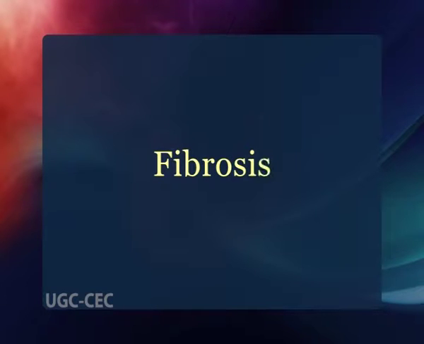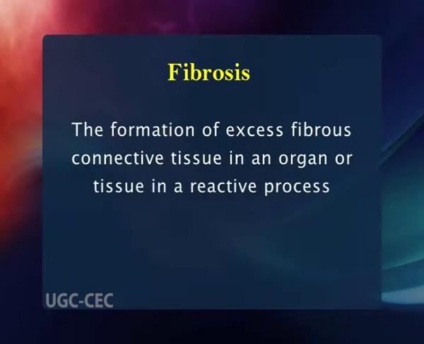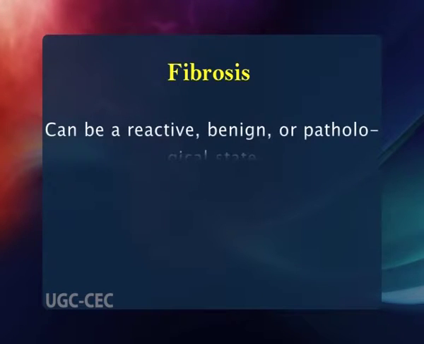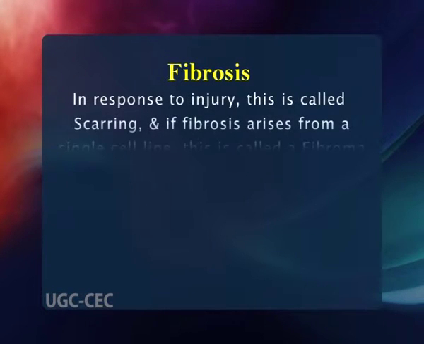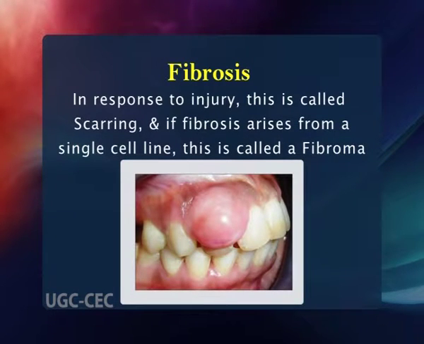Now, fibrosis. It's the formation of excess fibrous connective tissue in an organ or tissue in a reactive process. This can be a reactive, benign, or pathological state. In response to injury, this is called scarring, and if fibrosis arises from a single cell line, this is called a fibroma.